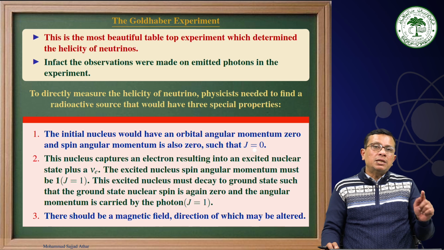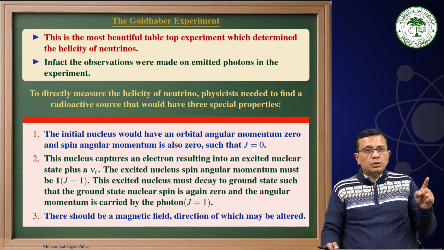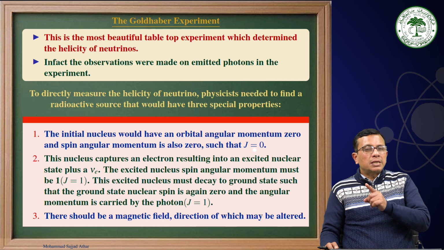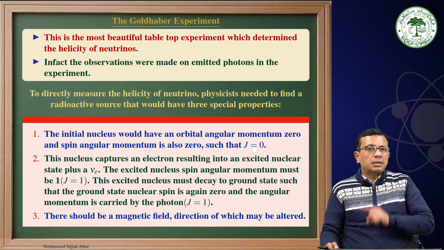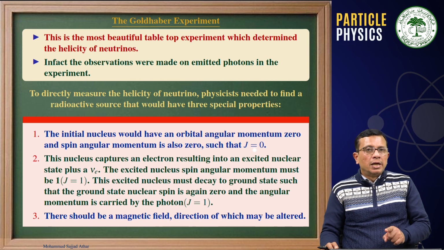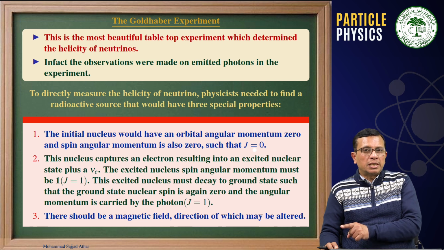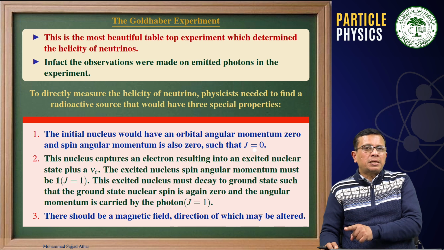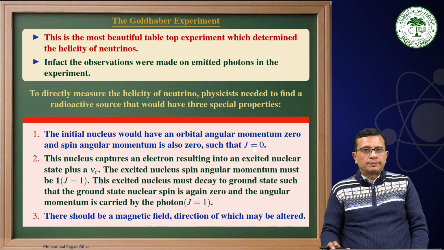Now, this nucleus goes from angular momentum 0 to another nucleus which is in an excited state having angular momentum 1, and then that excited nucleus decays, or goes down, to the ground state, which is a spin 0 state again, by transferring its angular momentum to the emitted photon.